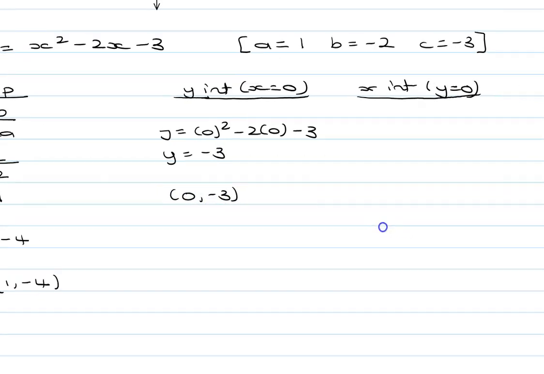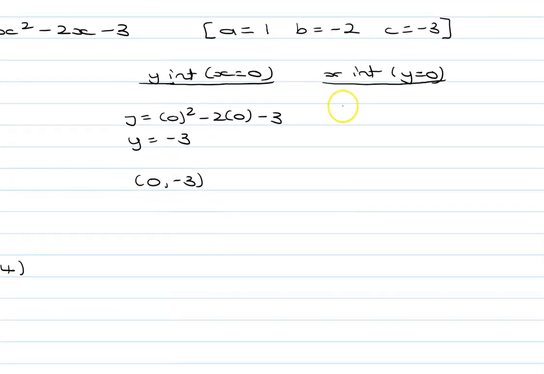And the x-intercepts is when y equals 0. So I obviously need to factorise that. Now let's just write that equation at the top there. Obviously we're going to solve for the equation equal to 0. So x squared minus 2x minus 3. So I want two numbers that multiply together to make negative 3, that when added together make negative 2. So of course the two numbers that I need are x minus 3 and plus 1.